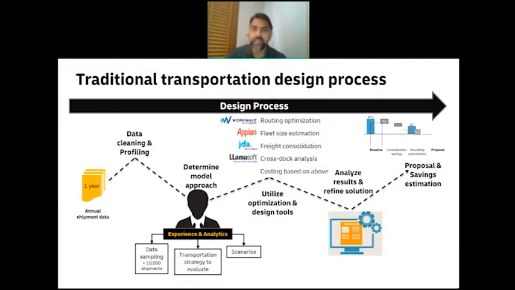So finally, once you do that, the transportation analyst needs to create a proposal which would tell the customer that for your million shipments, I broke them down based on these segments. Segment A is 25% of deliveries, which needs to go with common carrier, or which we need to outsource.